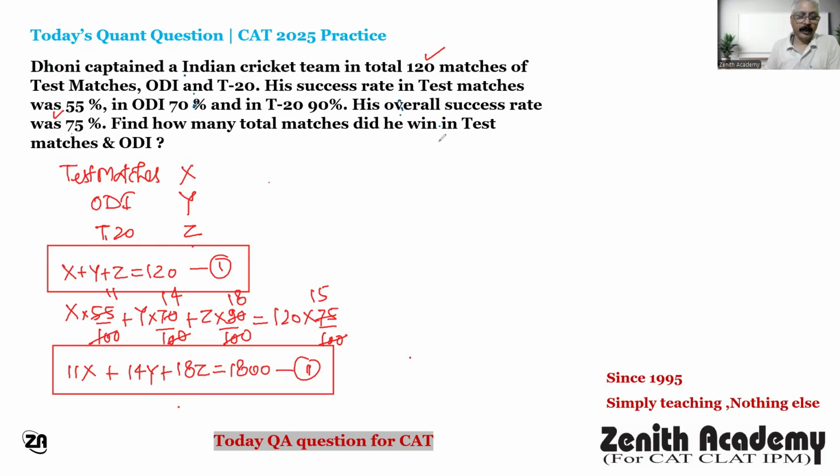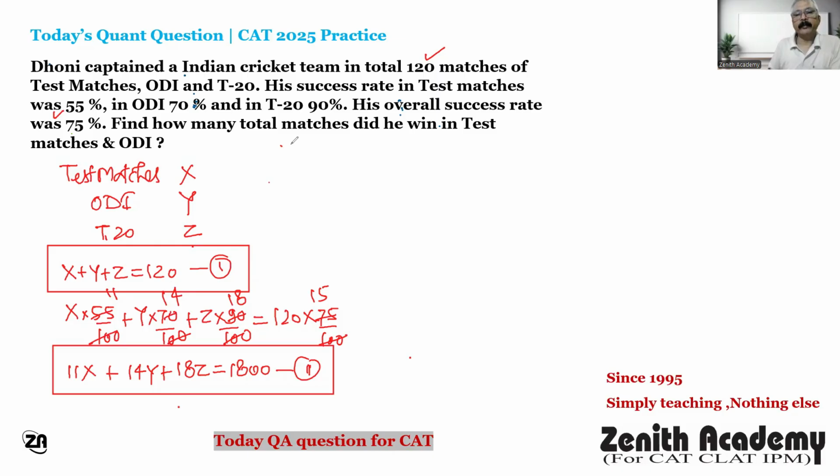This is additional information you have to think about. Logically, 70% or 90% or 55% of X, Y, Z should be a natural number. So this information can help you get the total number of victories in Test matches and ODI. Let's see how it is done.